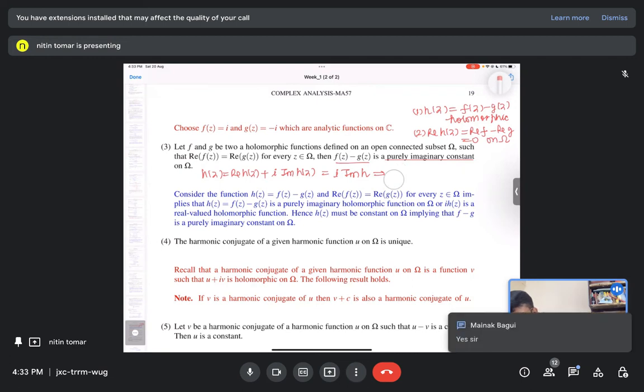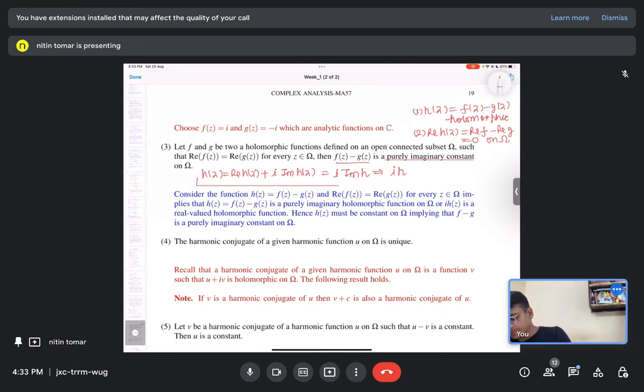So where was I? I was saying h takes only iota times the imaginary part of h. But the imaginary part of h is a real number, right? So this iota h is a real valued holomorphic function. And we have learned that any holomorphic function which takes real values on a domain has to be constant, right?